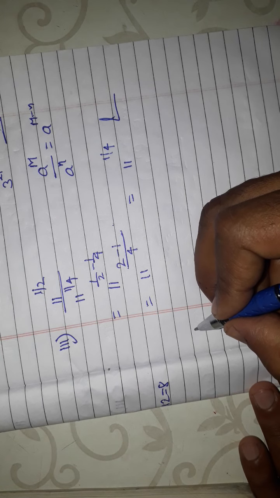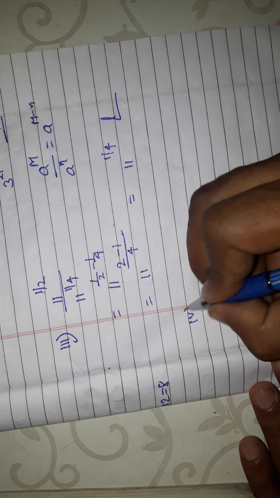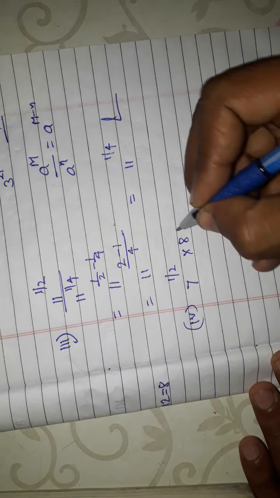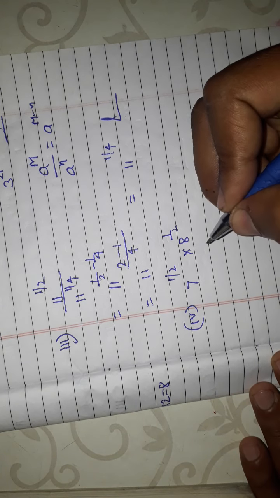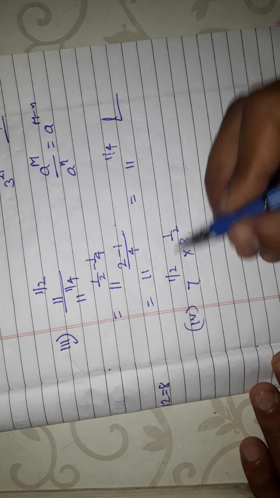And the last part of question number 3 as well as the chapter 1 is this fourth part, 7 raised to the power 1 upon 2 into 8 raised to the power 1 upon 2. This time we are observing that bases are different but power is same.